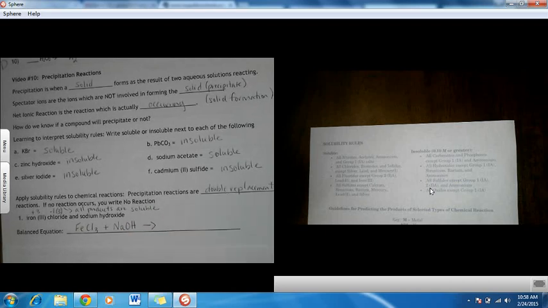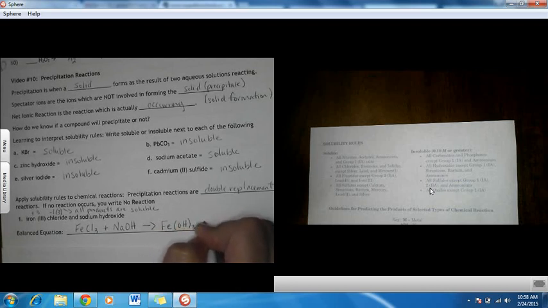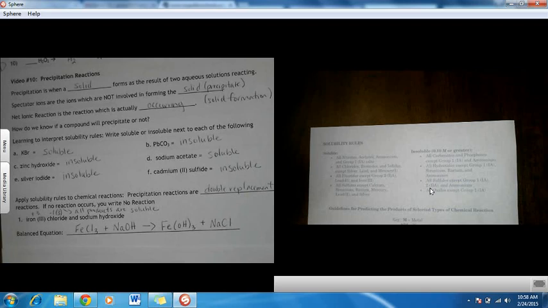This is a double replacement reaction, as we said, so iron, which was +3 before, is going to stay +3 when it combines with hydroxide, and since hydroxide's a -1, we'll need 3 of those. Plus, sodium and chloride will combine. Sodium's a +1, chloride's a -1, so just one of each.